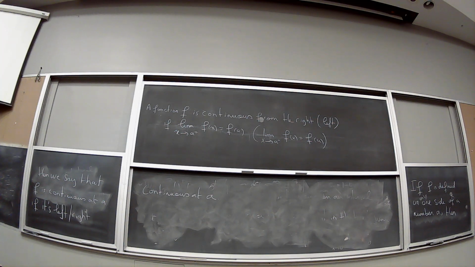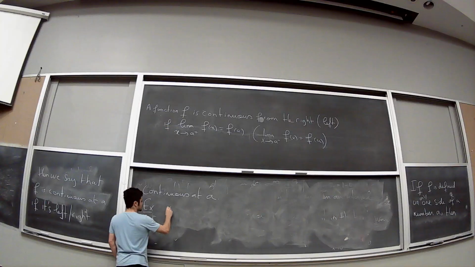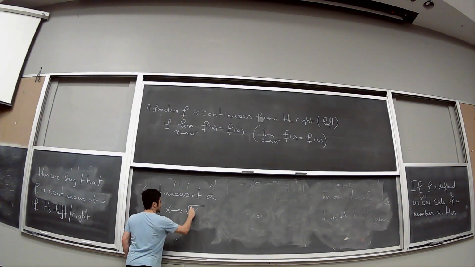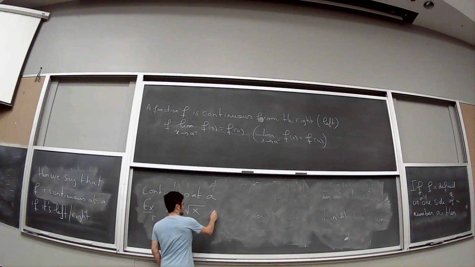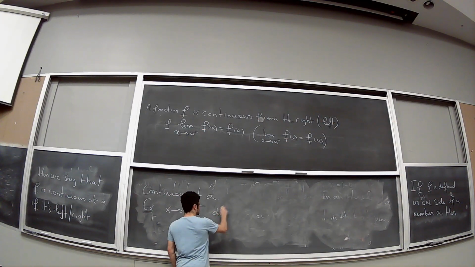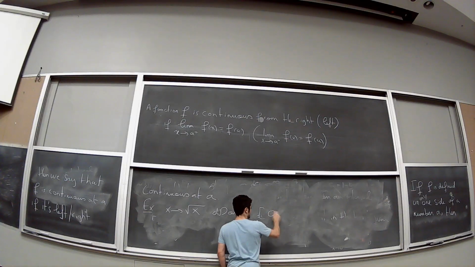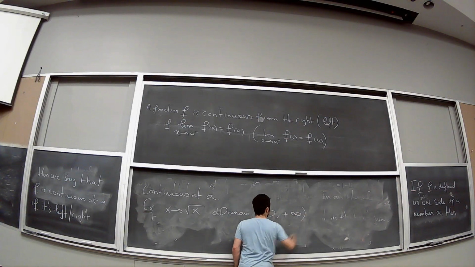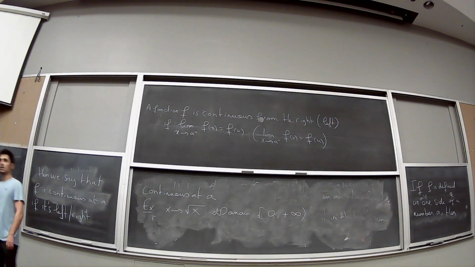Let's give an example. The function x to square root x. What is the domain of this function? It's defined on 0 to infinity. Right? Is it continuous everywhere?